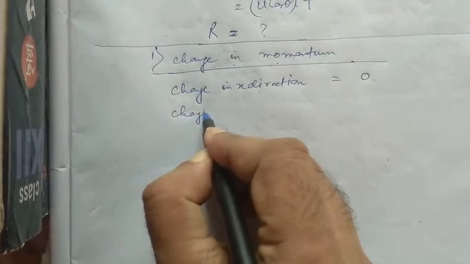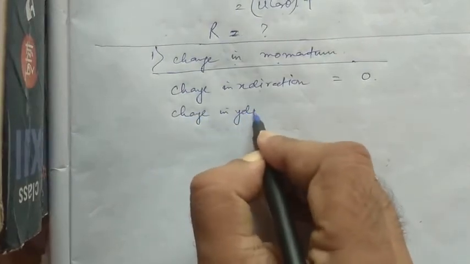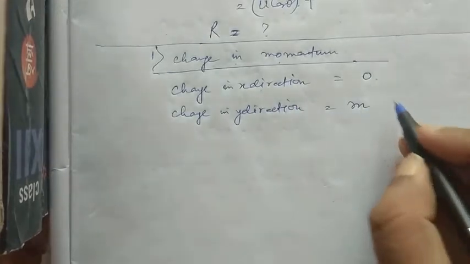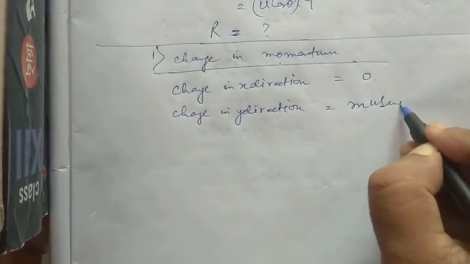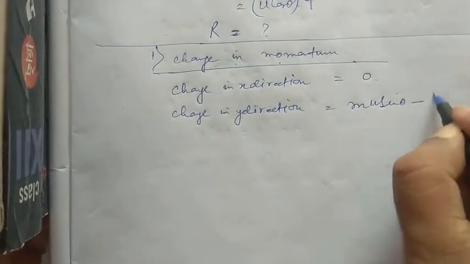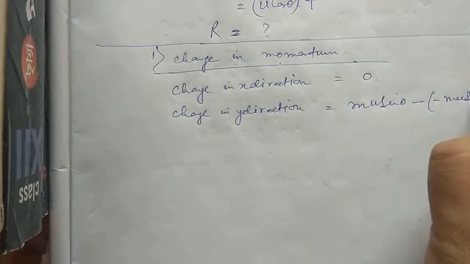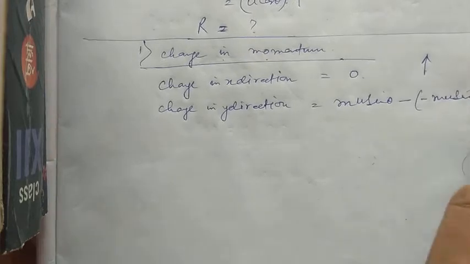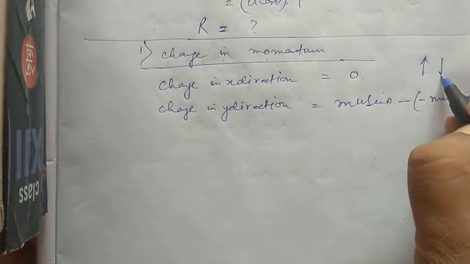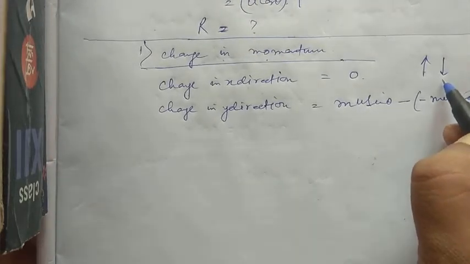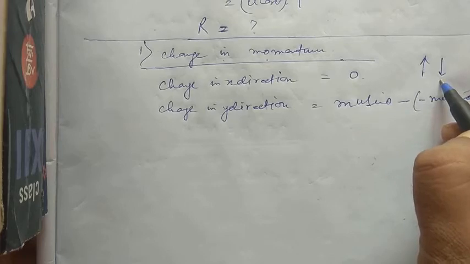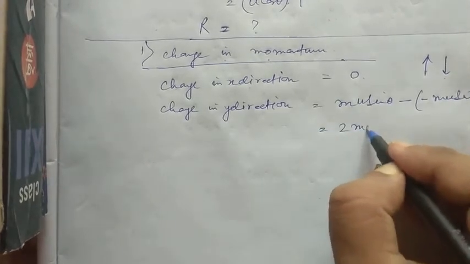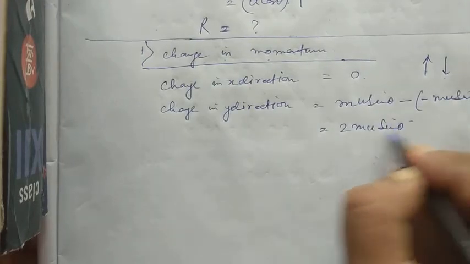The change in the y direction is equal to m u sin theta minus of m u sin theta, because the particle is projected up with the momentum of m u sin theta and it falls down also with the same magnitude, as there is no air resistance.